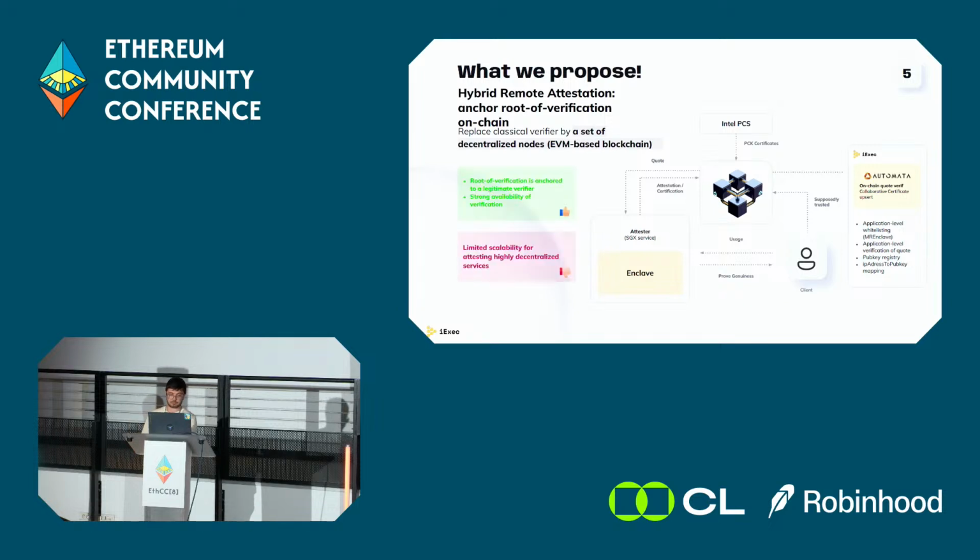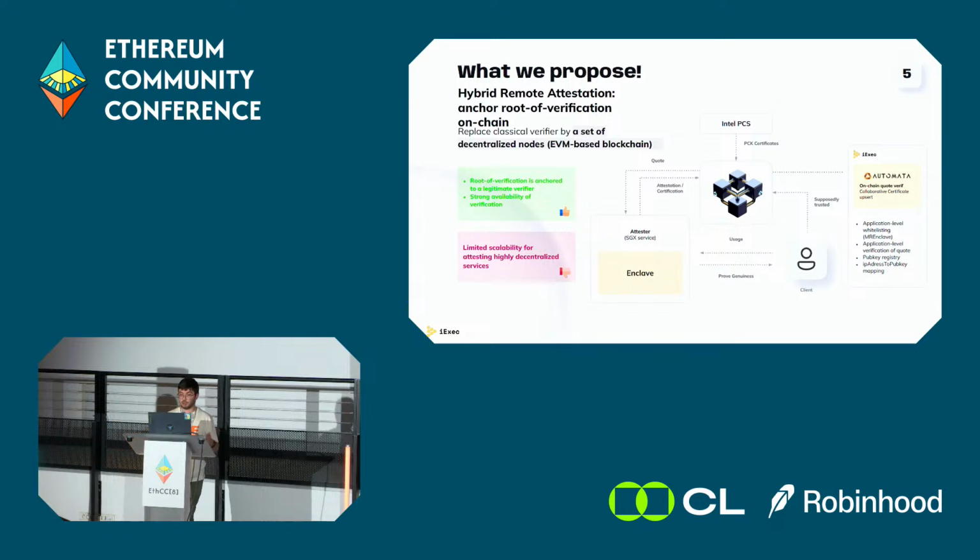Now, the main advantage of this approach of relying on blockchain-based attestation extended by our smart contracts is that the root of verification is no longer tied to a single verifier, but to the blockchain, which is a more legitimate verifier. Then we have a strong availability of verification because we basically cannot shut down the blockchain.